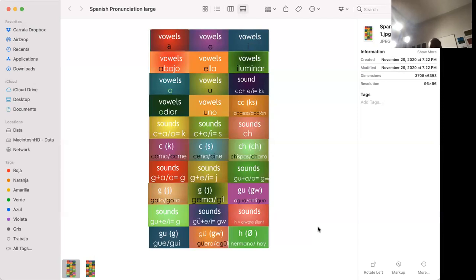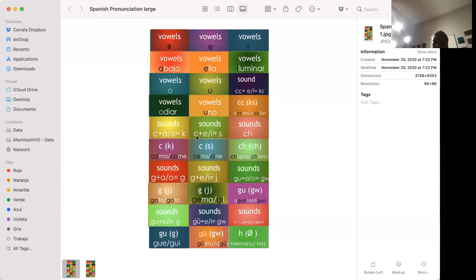So if you look at where it says sounds, and you have the C plus A or O, it says equal K. Right here are examples of that sound. Cama, como. That is not coma, by the way. That's como in Spanish.